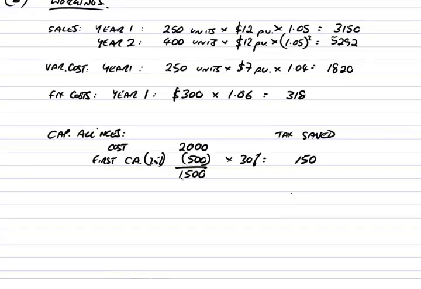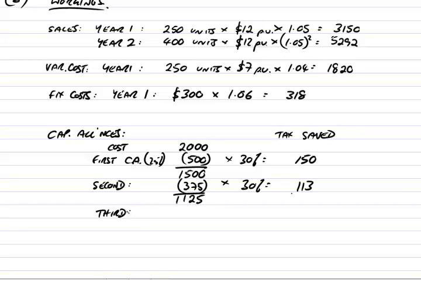Well, we're going to have to do it for 4 years, so let's rush through it. Second year, 25% of the reducing balance of 1,500 is, oh dear, what's wrong with me? 375. The saving, 30% of that, is 112, 113. Doesn't matter which way you round it. The reducing balance now becomes 1125.